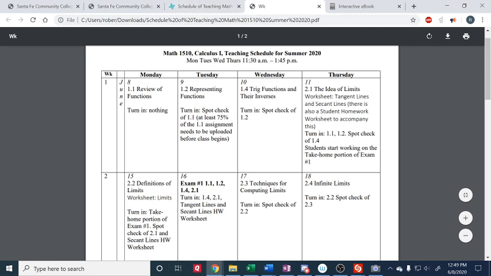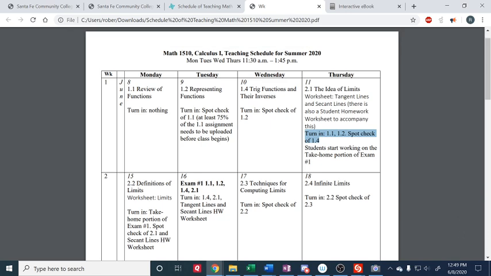Notice also, though, that there's this part, turn in. Now, when it says turn in, and generally these are at the end of the week. So, hold it, you've already turned in 1.1. Well, yeah, but this turn-in date is kind of like, at this point, it's going to get graded.